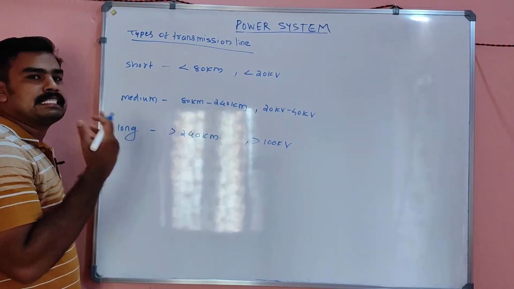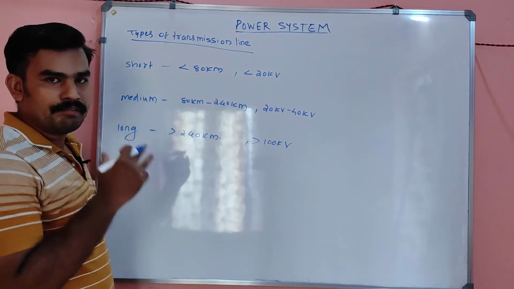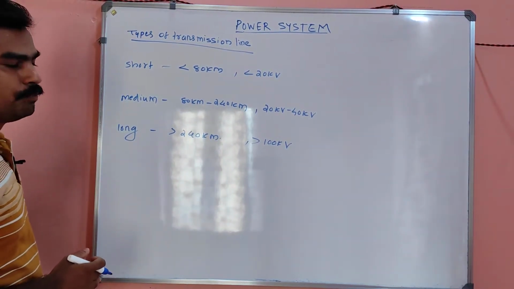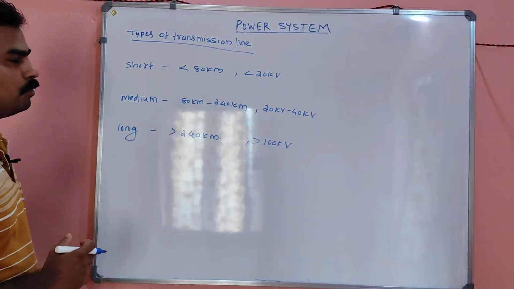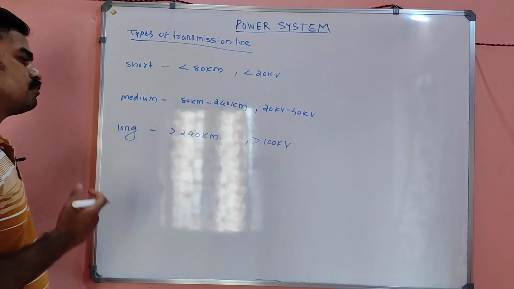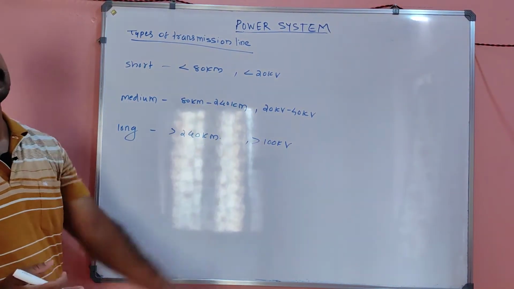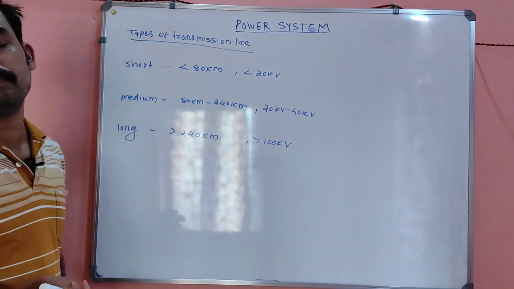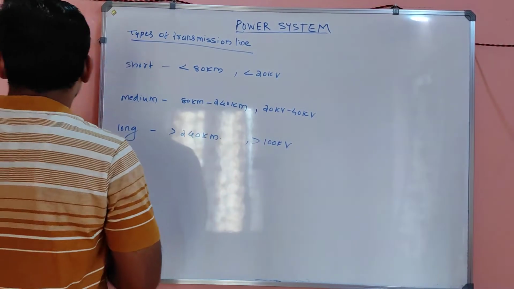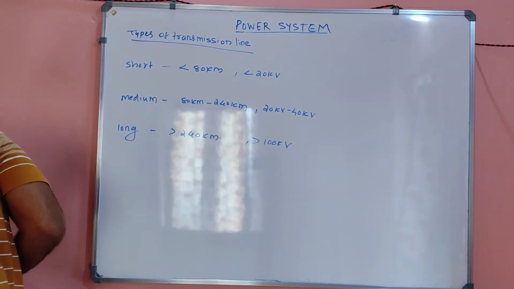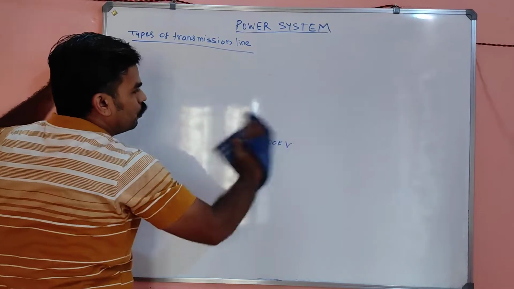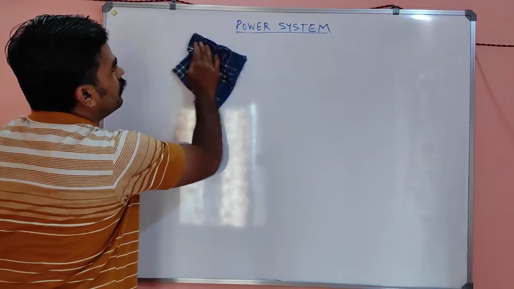A short transmission line is less than 80 kilometers and up to 20 kV. Medium is 80 to 240 kilometers and 20 kilovolt to 40 kilovolt. A long transmission line is greater than 240 kilometers, and its voltage will be greater than 100 kilovolt. That's all. There is a chance of one-word questions from this.